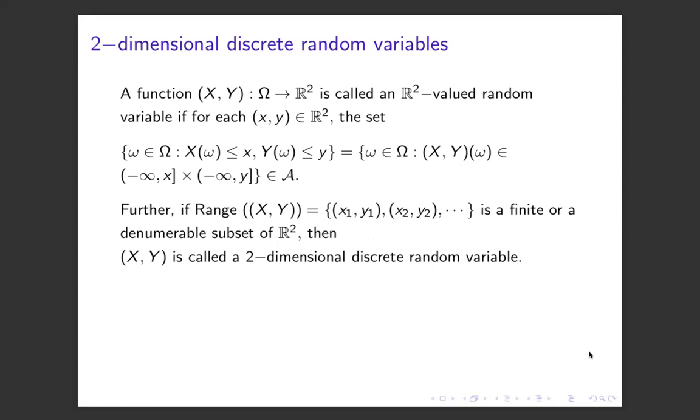For example, the points (0, 1) and (0, 2) may be in the range. So if that happens, (X, Y) is called a two-dimensional discrete random variable.